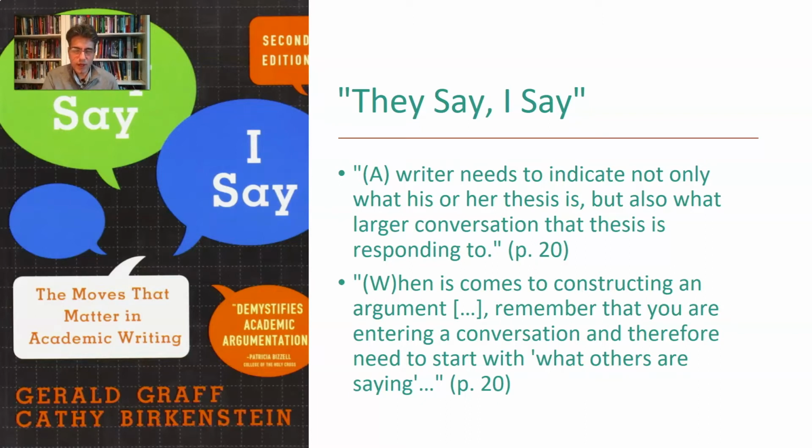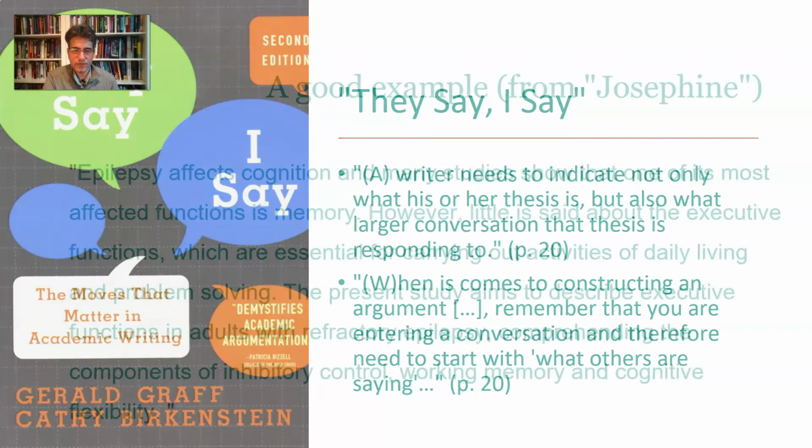And you have to establish what conversation you're entering into. What thesis are you responding to? This is important to do in the introduction section, but is also arguably important to do right off the bat from the title, as we'll see later, and the abstract.